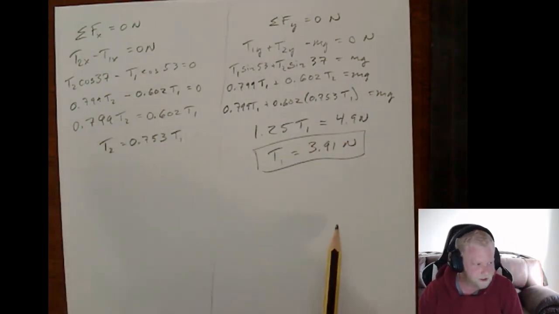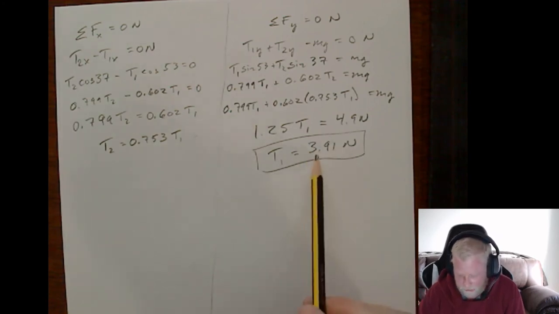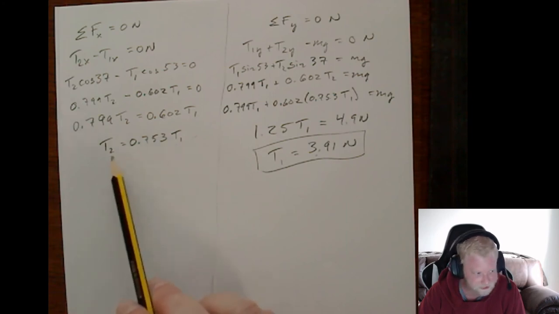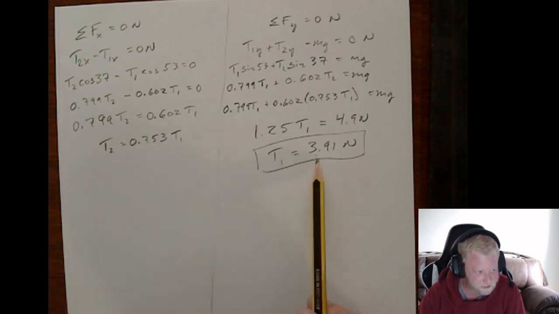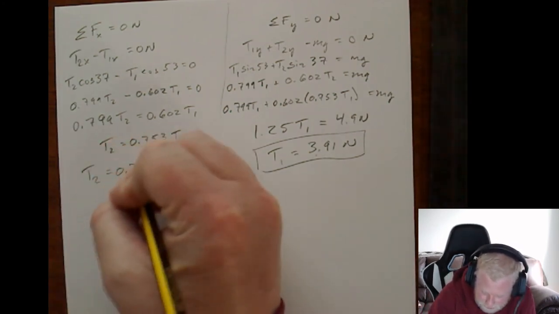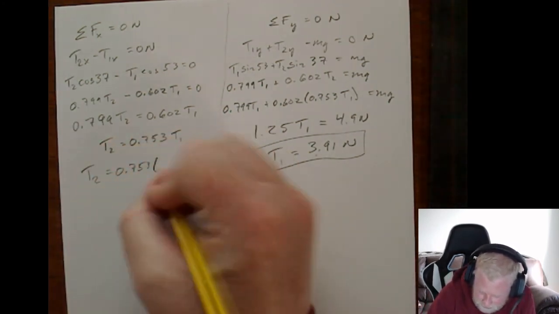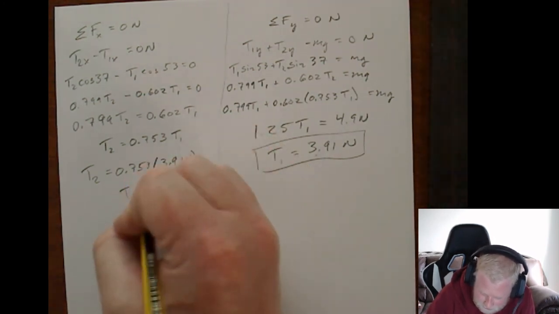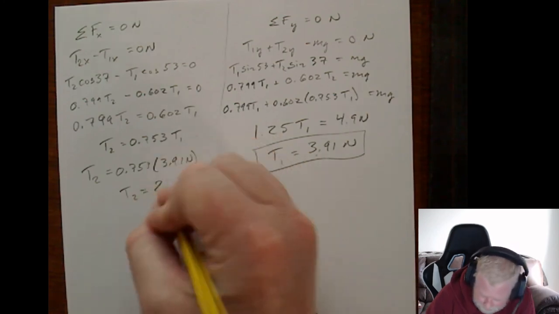All right, so we're almost done. Now what we got to do is take our T1, plug it in here so that we can solve for T2. So 0.753 times 3.91 will give us T2. So T2 equals 0.753 times 3.91. So T2 is equal to 2.95 newtons.